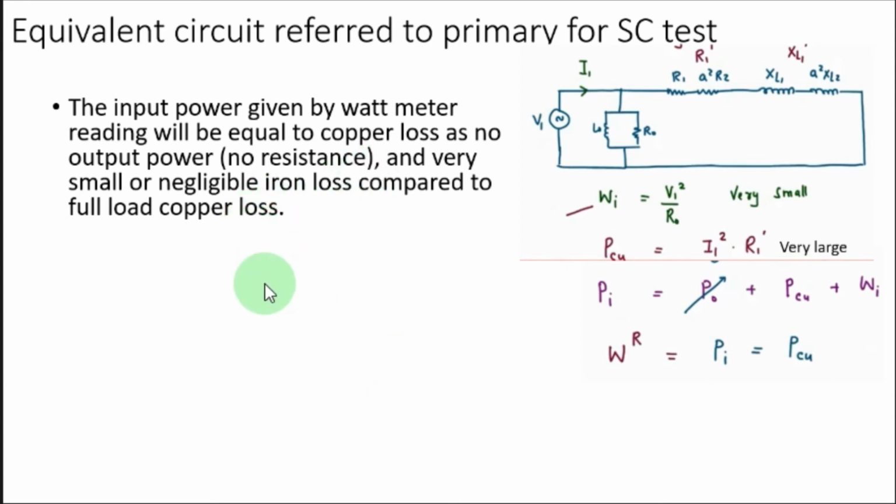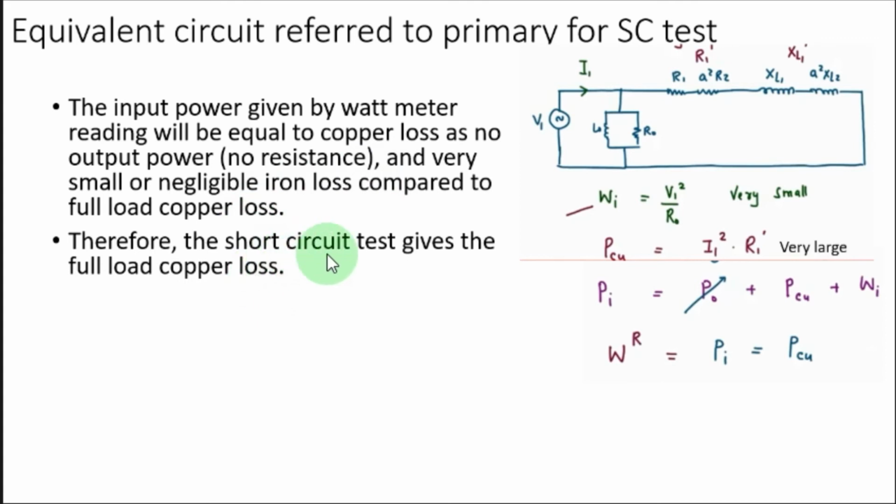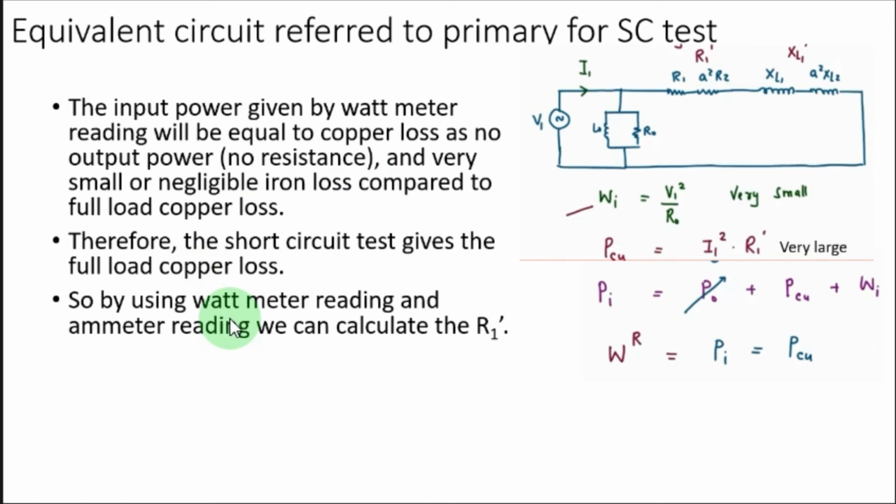Therefore the short circuit test gives the full load copper loss. By using the wattmeter reading and ammeter reading, we can calculate R1 dash.